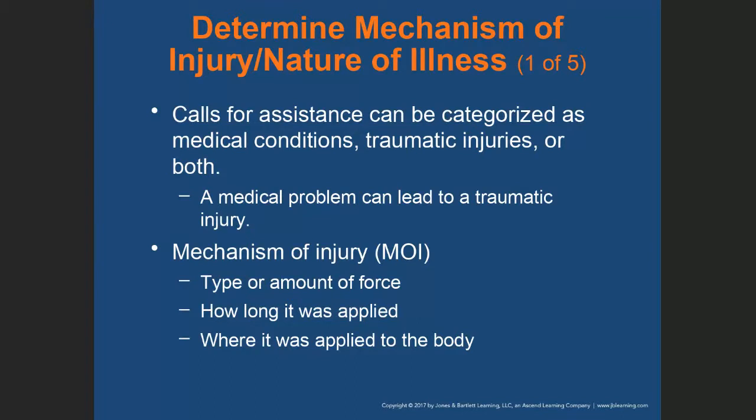So that's the mechanism. So when we focus on the mechanism of injury, we need to think about the type of force that is being applied to the body, and where it was applied to the body, and what type of structures are found within that area of the body. And a mechanism can be localized or it can be diffused.